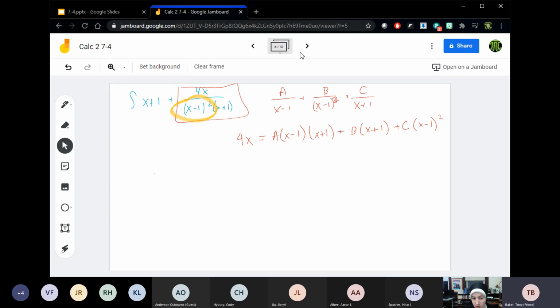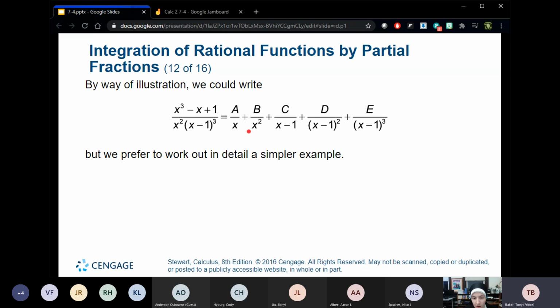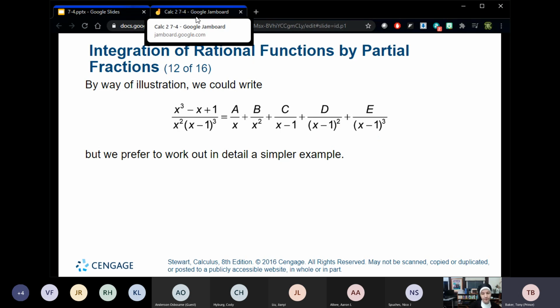Right, so the case 2 states when I write it out, I have to write it out as x minus 1, x minus 1 squared. I have to go up each term. Okay. So here, I'll put back over to the slide real quick. I'll show you that slide. So if you notice, right here, see how they got the x minus 1 to the third power? I have x minus 1, x minus 1 squared, x minus 1 to the third power. You have to write them all out.